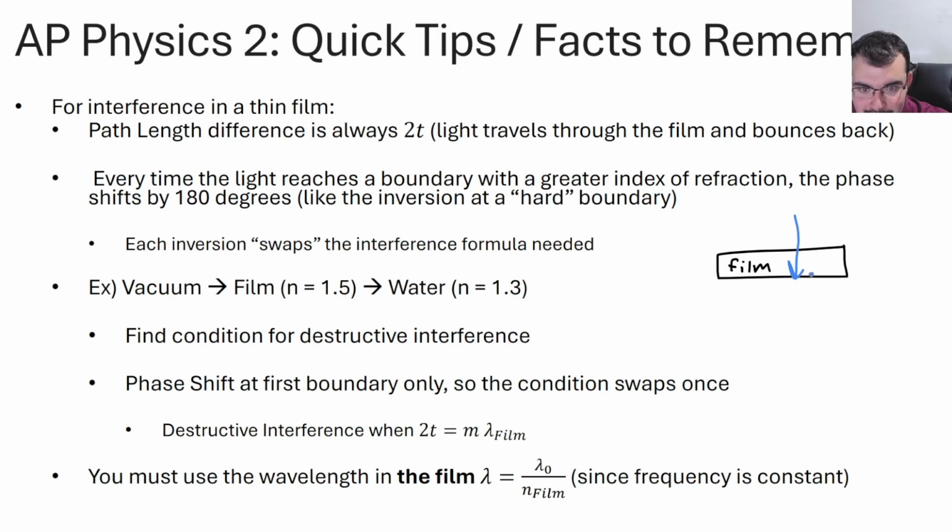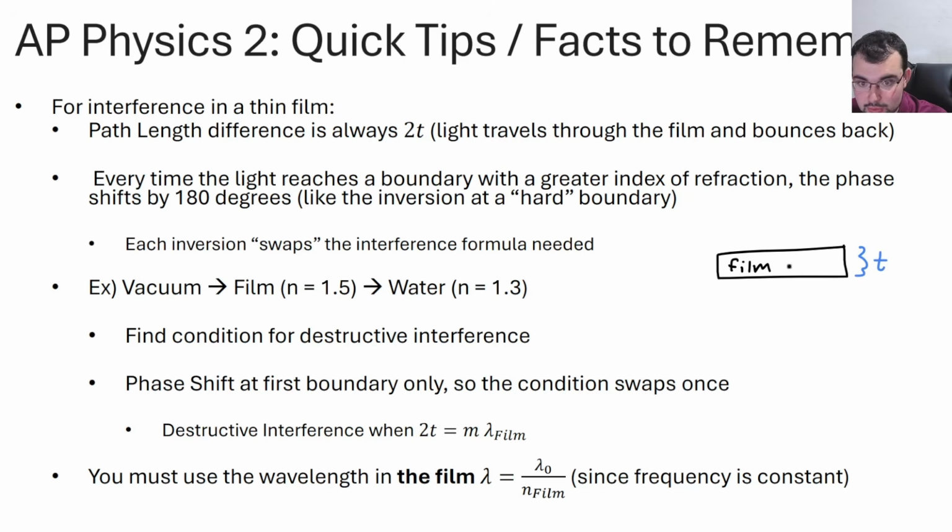If you think about what's happening, some light ray is going to reflect and hit your eye here, but then another light ray is going to go through the film and back and then hit your eye there. So the difference in path length, if we're looking normal, is going to be 2t because it has to go in the film and it has to come back.